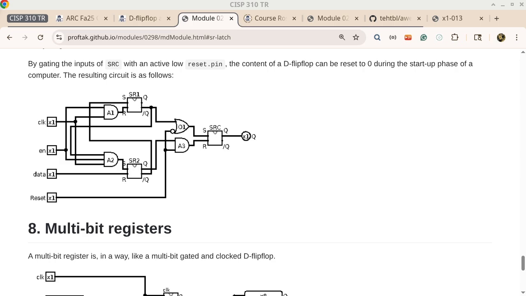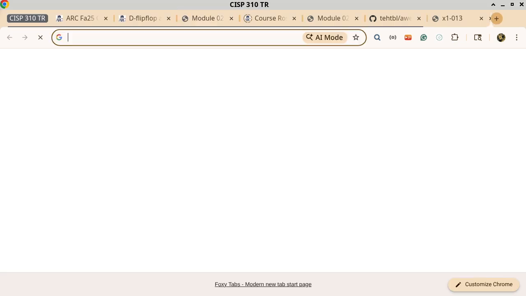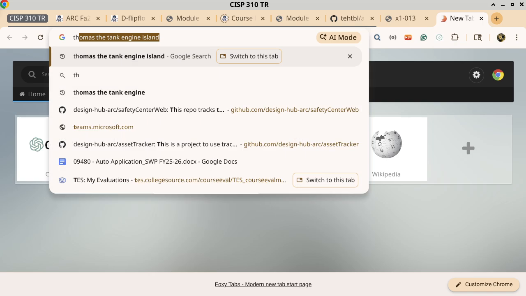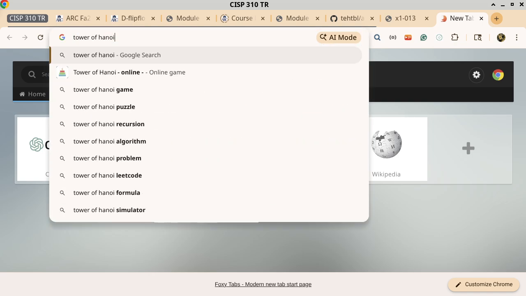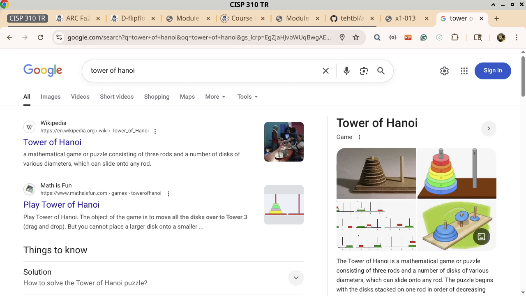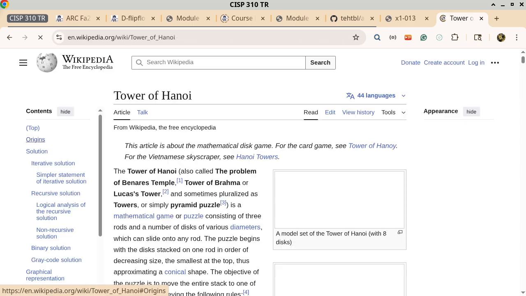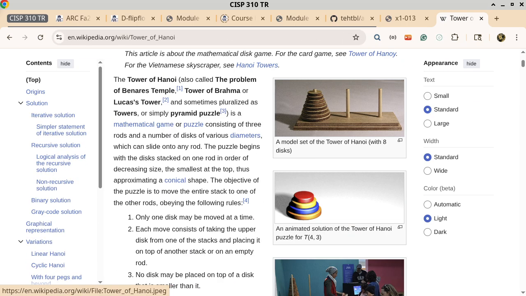So the Tower of Hanoi, I can show you a picture and even an animation to explain it. There are animations to show you how it works. All right, so the Tower of Hanoi, this is actually animated.